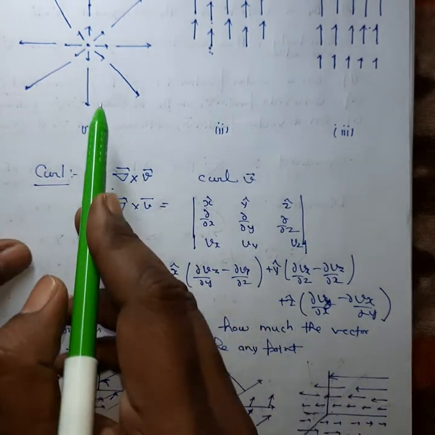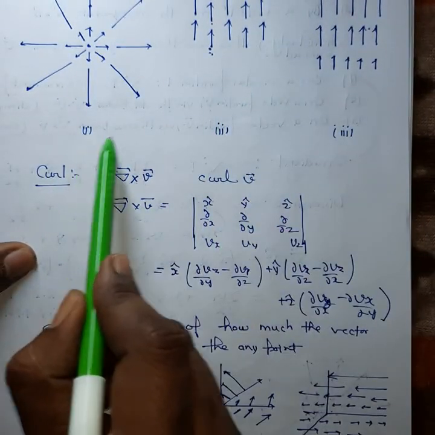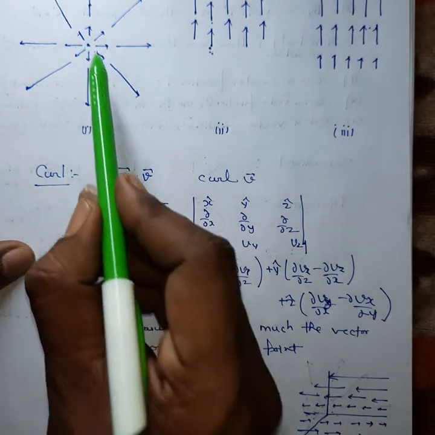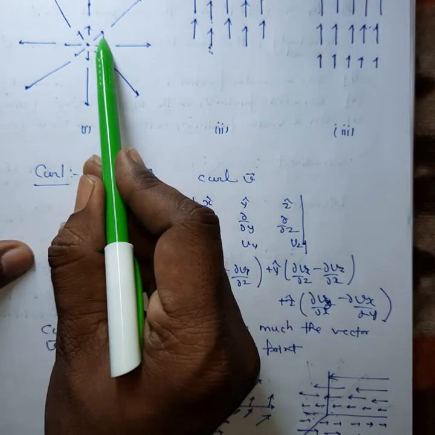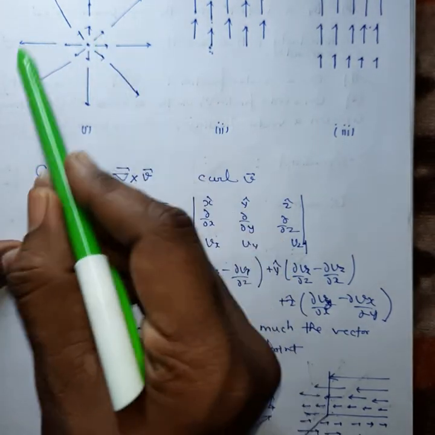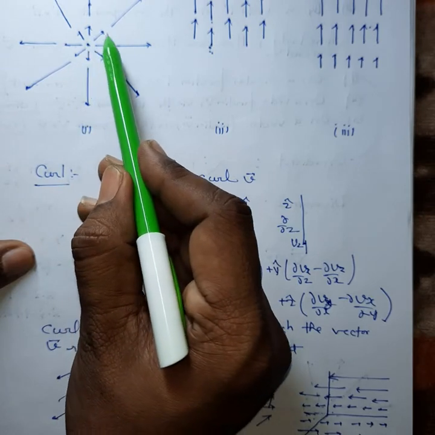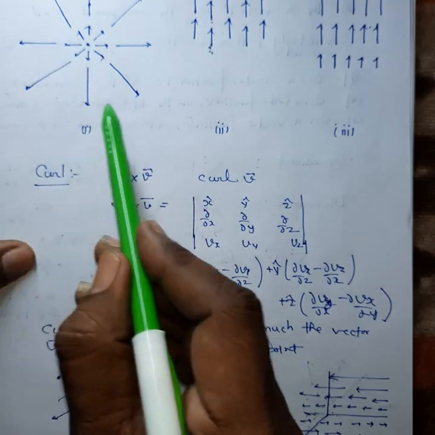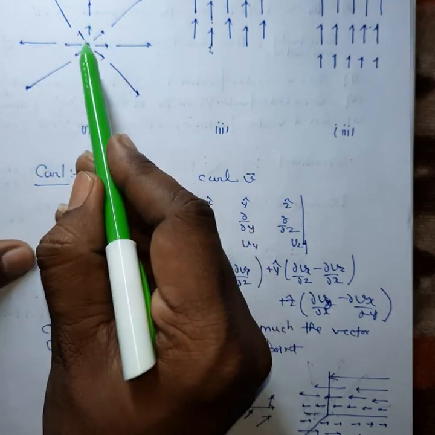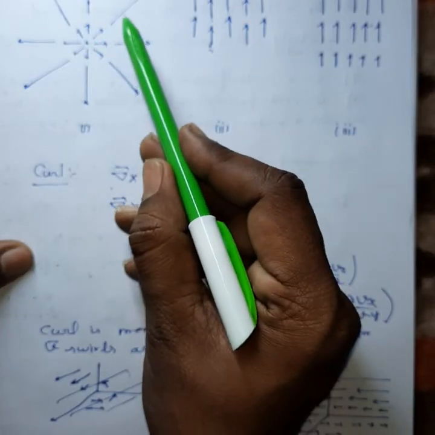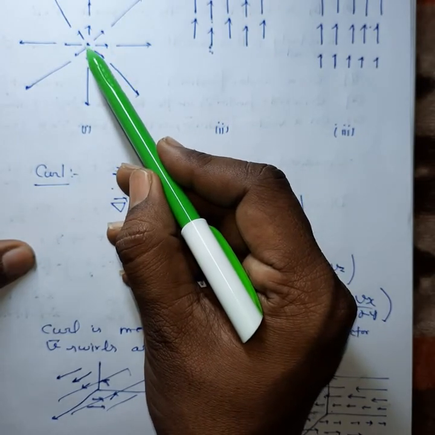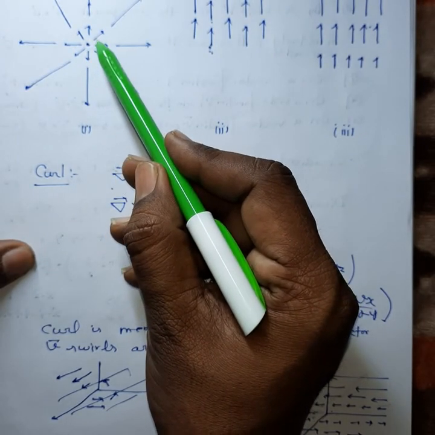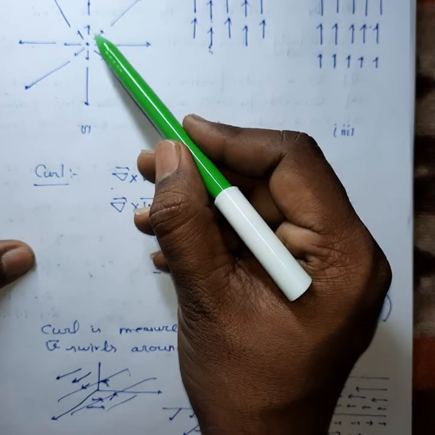If you see in these pictures 1, 2, 3, suppose this is the point, this vector does not swirl around this point, and it does not have any type of rotation around this point. It spreads out from its point of origin as you move in space.